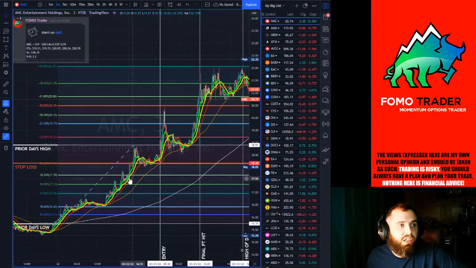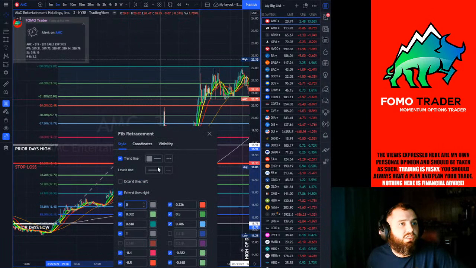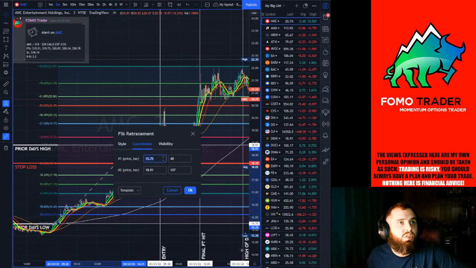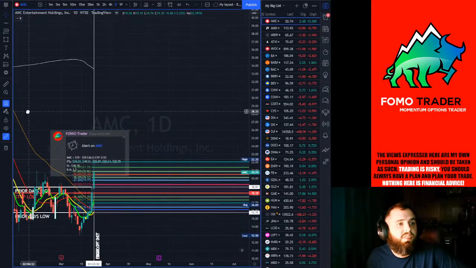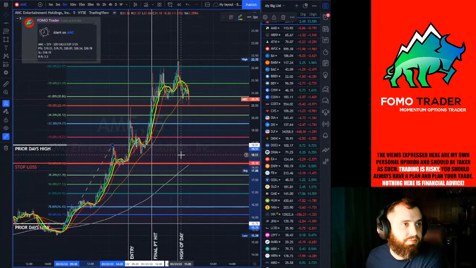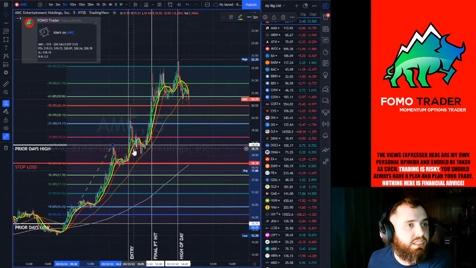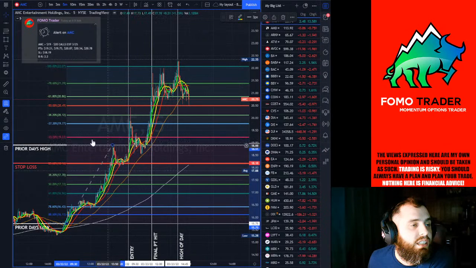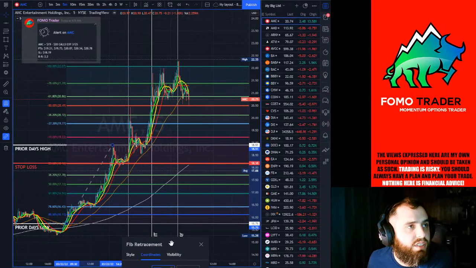My price targets came from the Fibonacci levels here. My first price target isn't lining up correctly, so these should be coordinates from the daily: 18.91 and 15.75. Okay, those are correct. First price target was 19.23. For some reason my fib numbers are not lining up, guys.